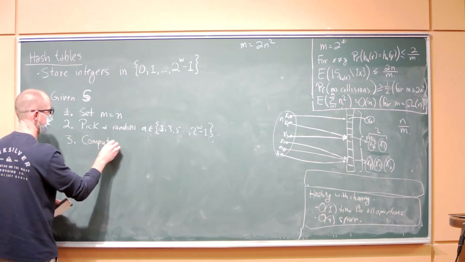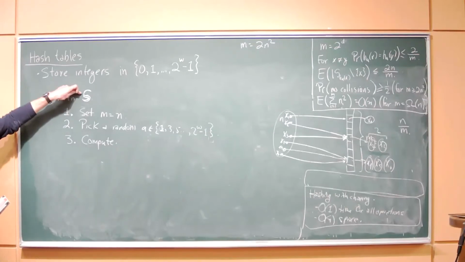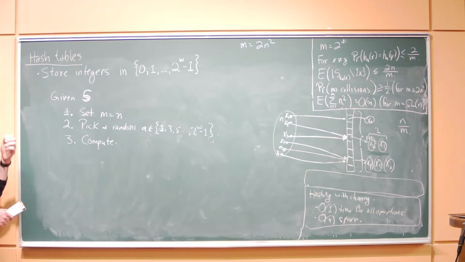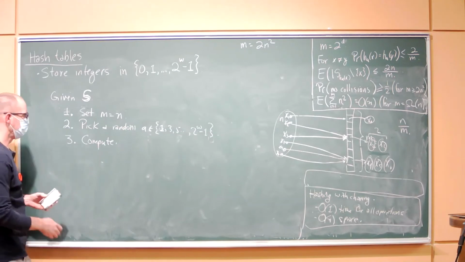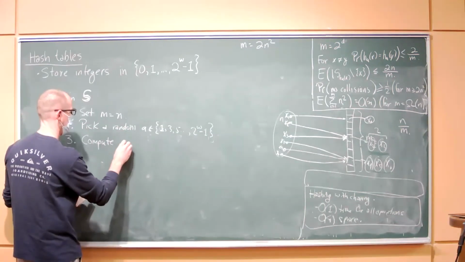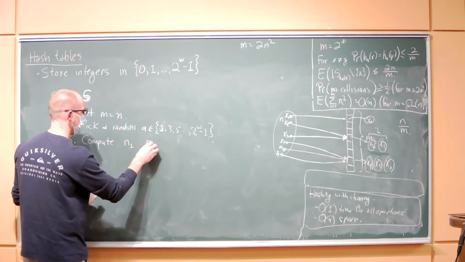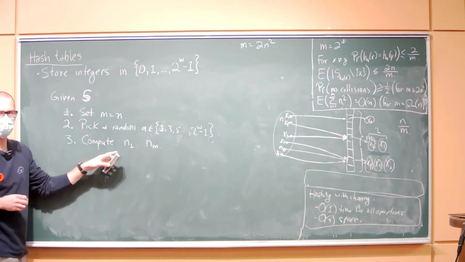So once I've done that, so I know everything in S, I pick my hash function, I can go ahead and compute now these numbers, n_1 up to n_m, right?